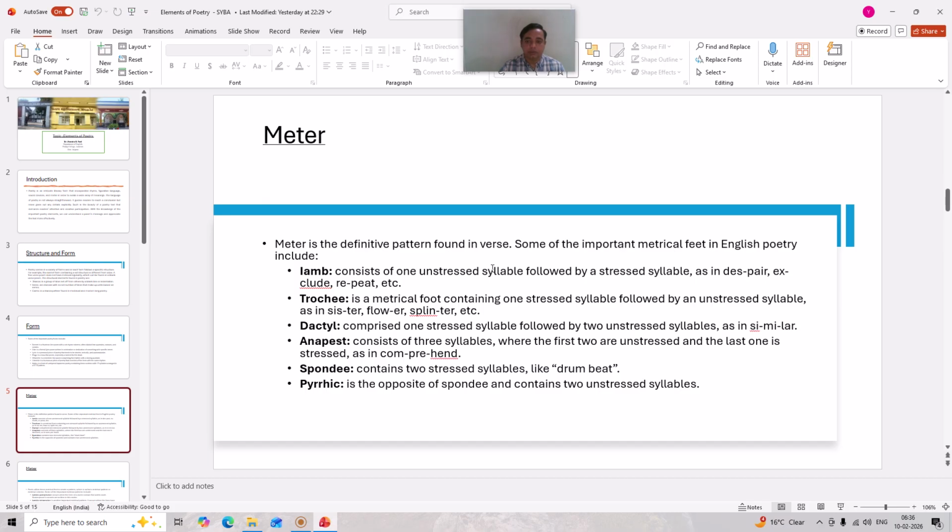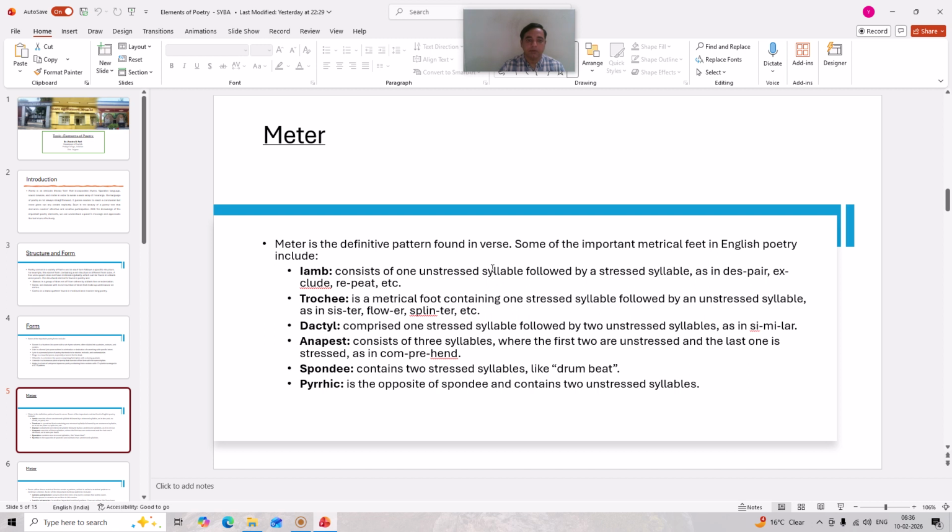It includes de and spair. These are the two syllables. First is unstressed and second is stressed. The next one is repeat. Re is unstressed and peat is stressed syllable in this example.